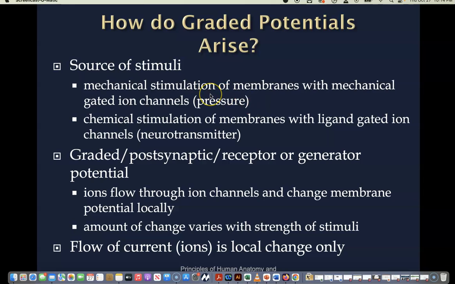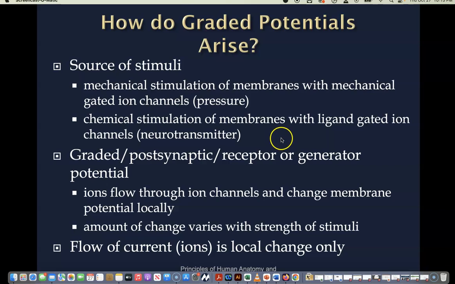That's how we're going to stimulate these sensory neurons, based on receptors like touch receptors and pressure receptors. Now, chemical stimulation is what you're more familiar with, a neurotransmitter.